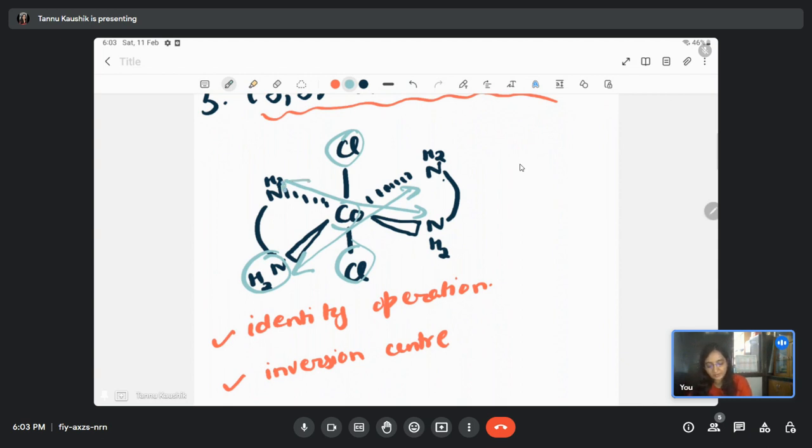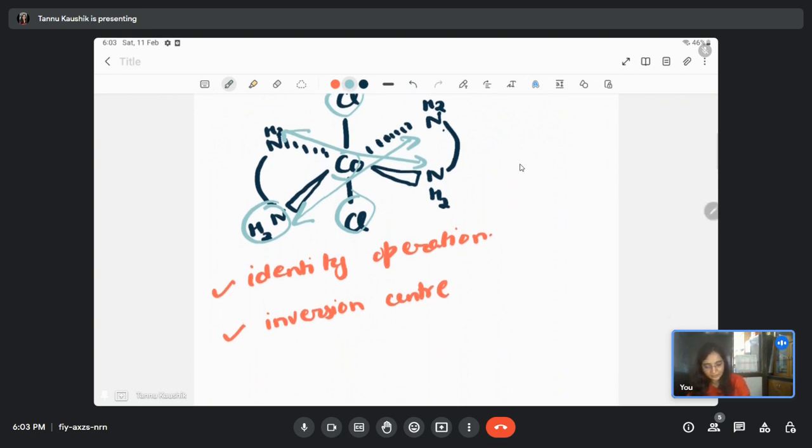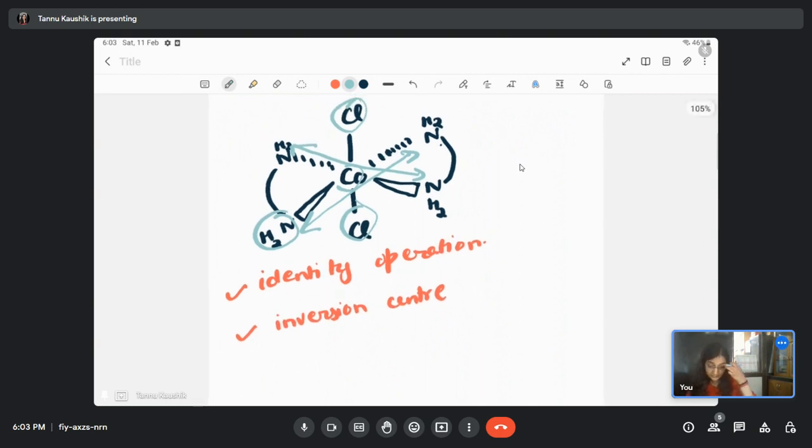Similarly here, we have these amine groups opposite to each other.